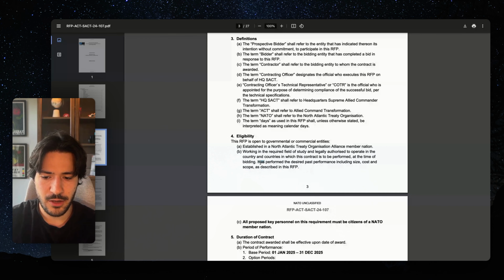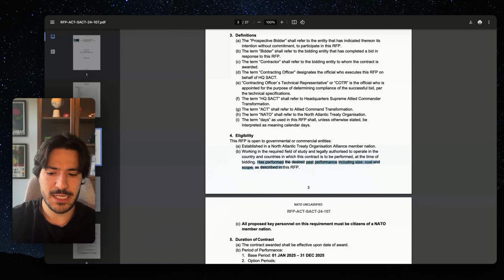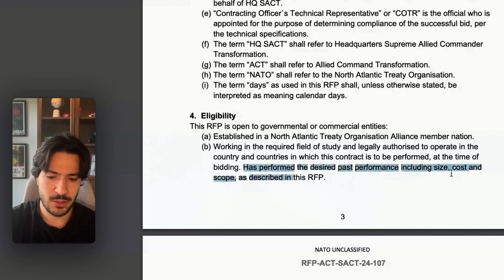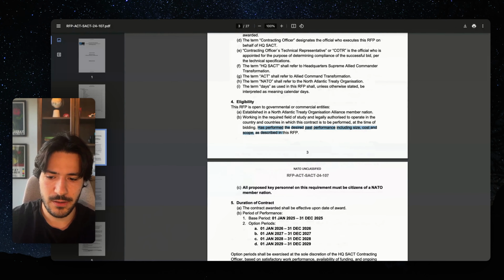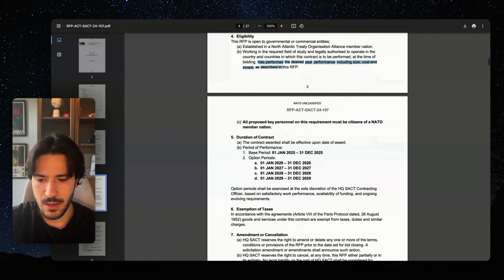And they care about past performance, so the bidder has performed at similar sites, including size, cost, and scope. So we have to describe in the RFP that we have past performances. We know the deadlines, but we want to make sure that the duration of the contract aligns with what we have in mind.